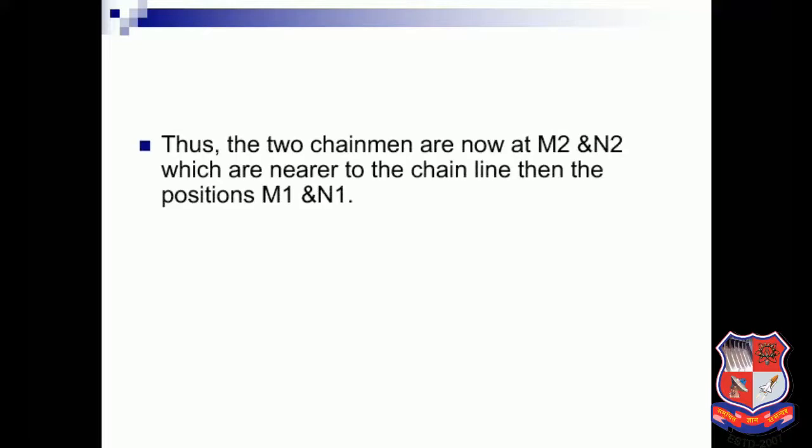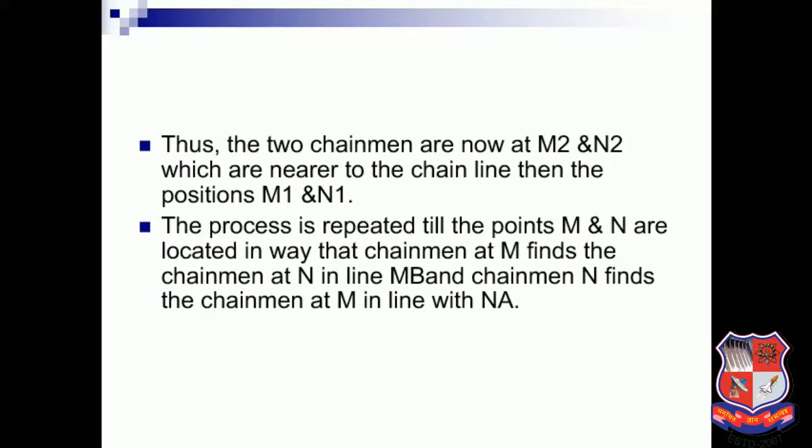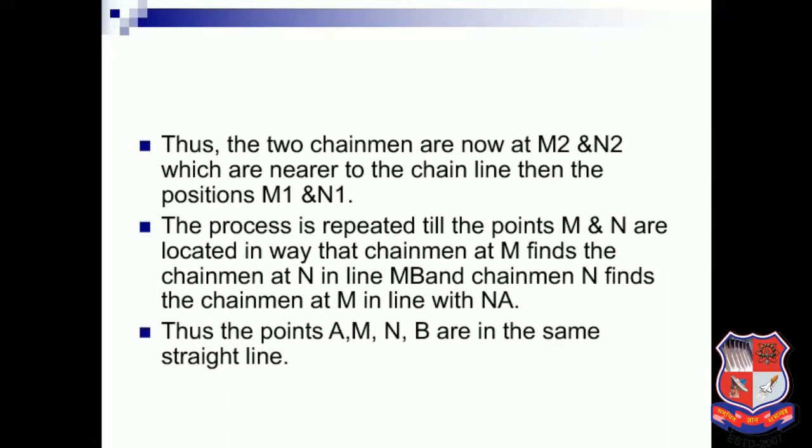Thus, the two chainmen at M2 and N2 are nearer to the chain line than the positions M1 and N1. The process is repeated till the points M and N are located in such a way that the chainman at M finds the chainman at N in line with MB, and the chainman at N finds the chainman at M in line with NA. Thus the points A, M and B are in the same straight line.